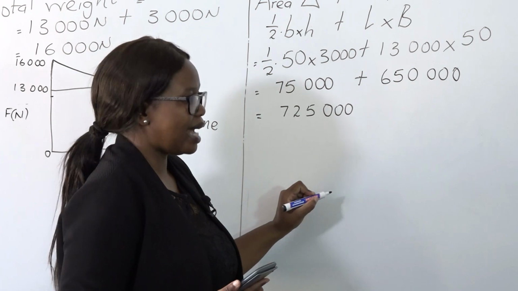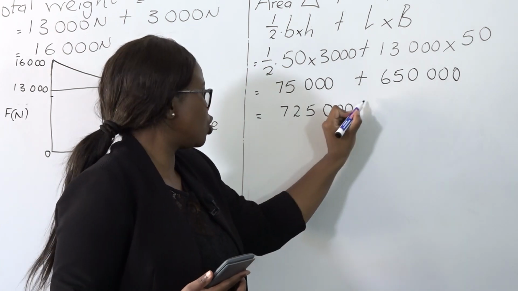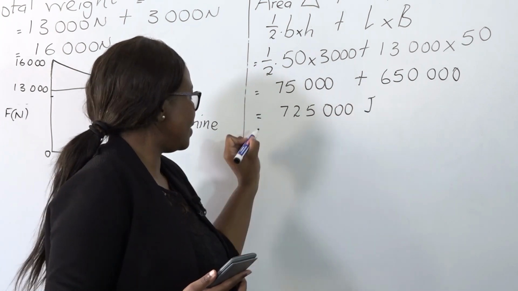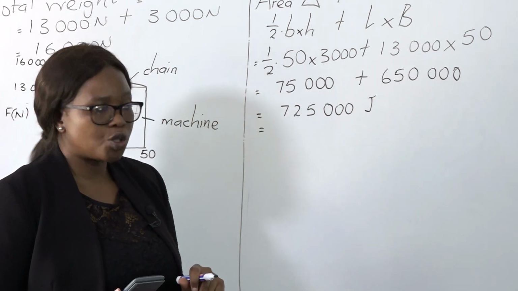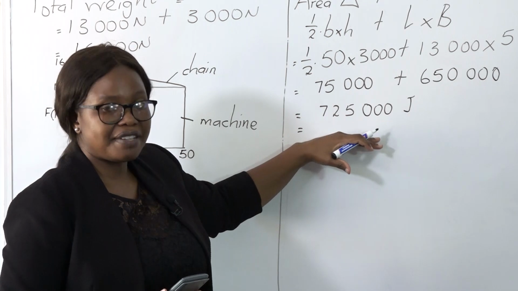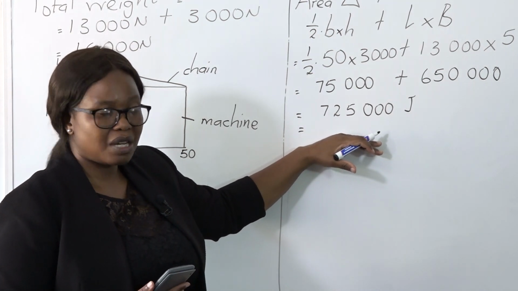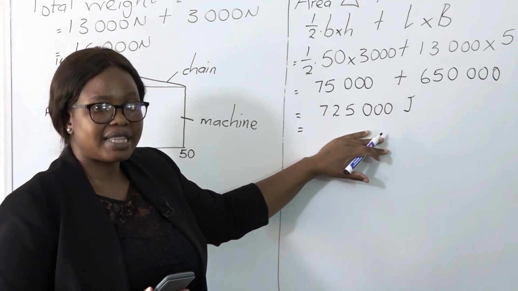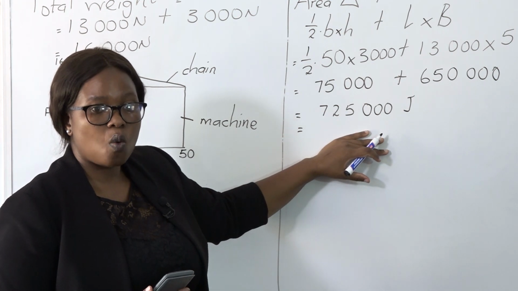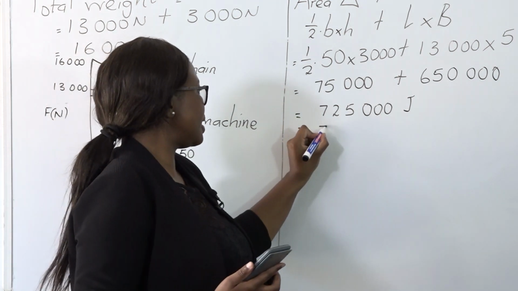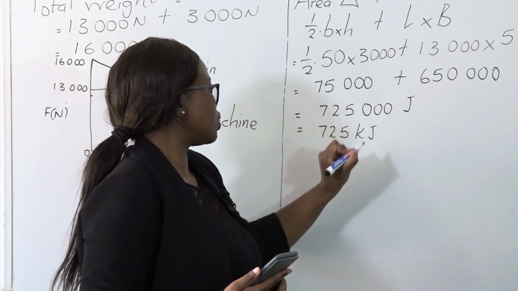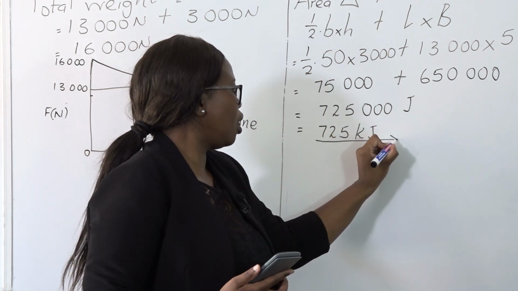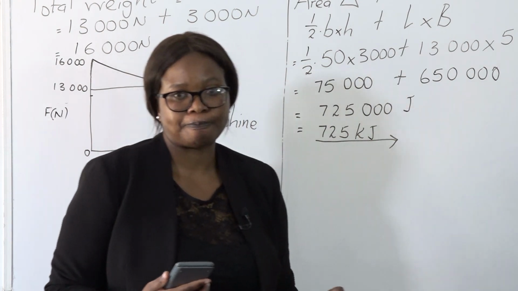Remember, work done is measured in joules. If you are given a question which says, give your answer in kilojoules, then we are going to divide by 1,000. 725,000 divided by 1,000, then we get 725 kilojoules. This is our total work done.